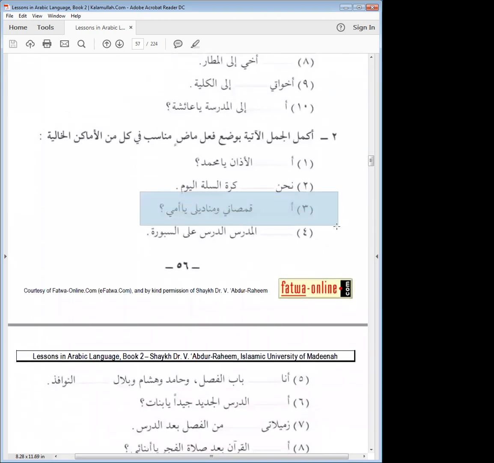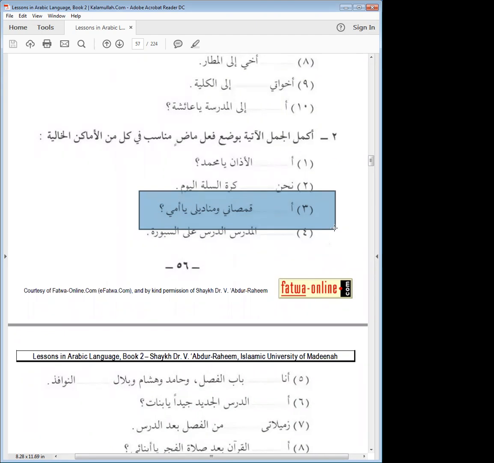Next one, something قمصاني ومناديلي يا أمي. So in the passage we did before, remember the son asked the mother if she ironed his shirts. Remember that? Wash and iron the shirts, and the mother says she washed them and she ironed them.